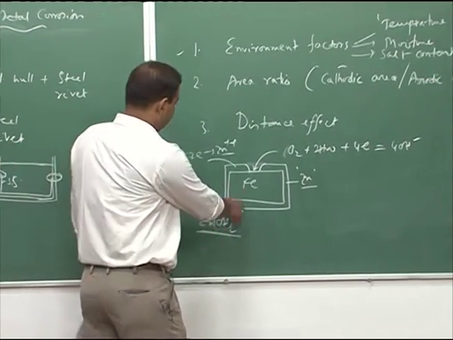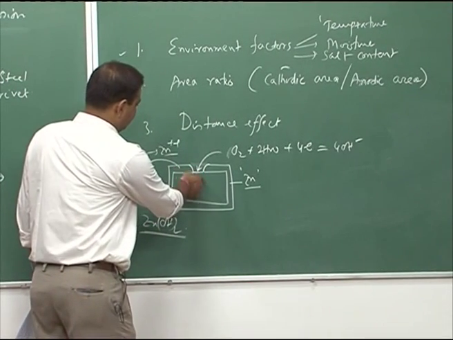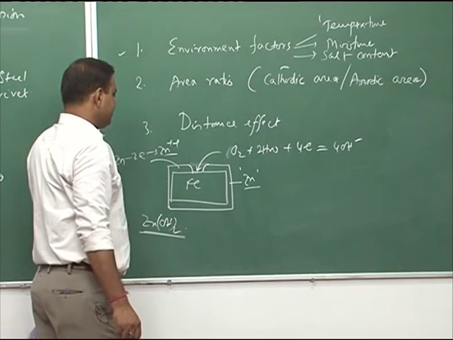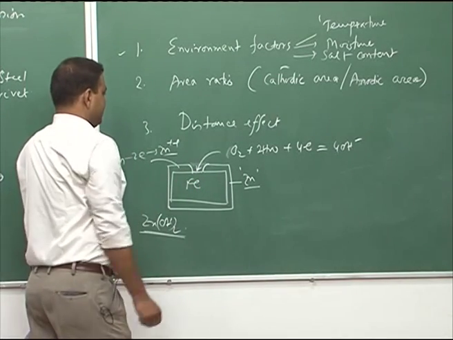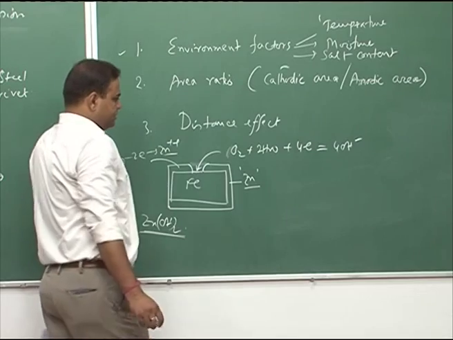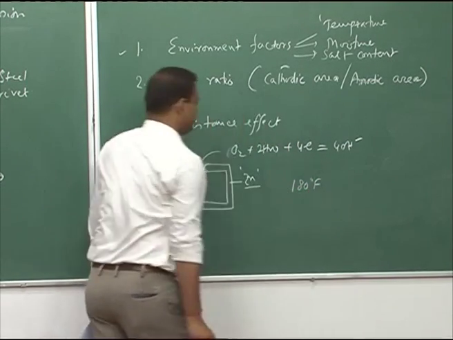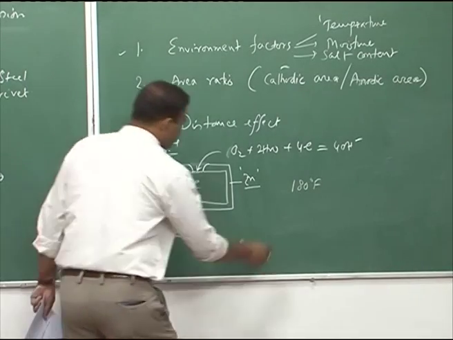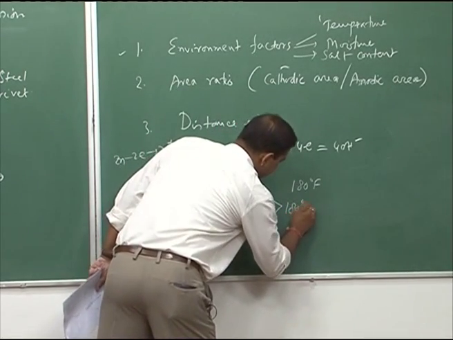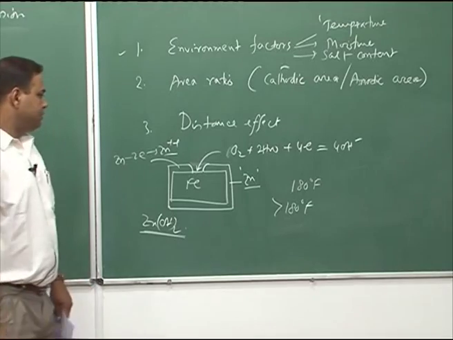This process, the protection of iron, self-protected, with zinc corrosion, will go on until 180 degrees Fahrenheit. If it is more than 180 degrees Fahrenheit, the situation will be different.